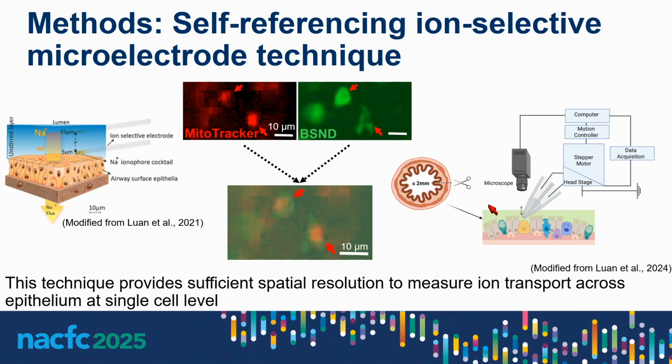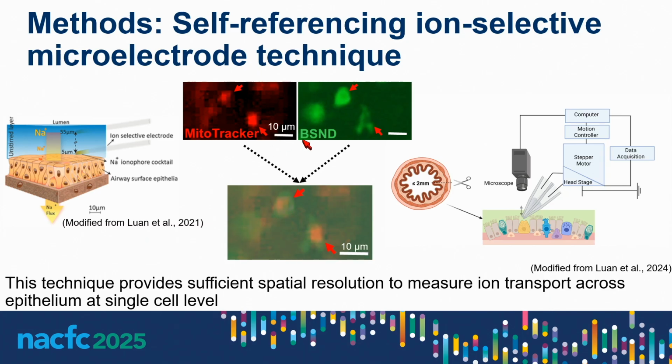And then we move our electrode to that cell, and we start measuring the ion transport properties there. After we've done the experiment, we fix the tissue, and we use BSND antibody to confirm the cell that we measured is a pulmonary ionocyte.